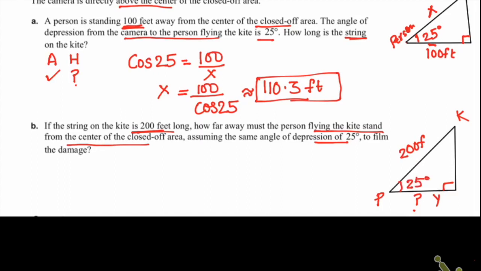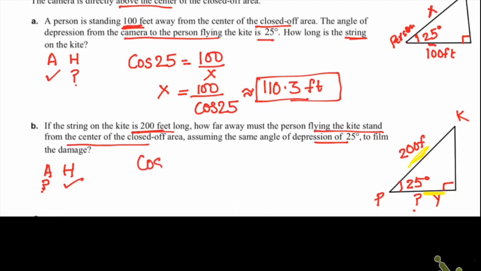And we can do the same thing. I have to first look at what information I have. I have this hypotenuse here, and I have this adjacent leg which is not known to me, so I do have a and h. H is given, the hypotenuse is given here. Now the adjacent leg is missing, that I don't know. So I have to again use the cosine ratio.